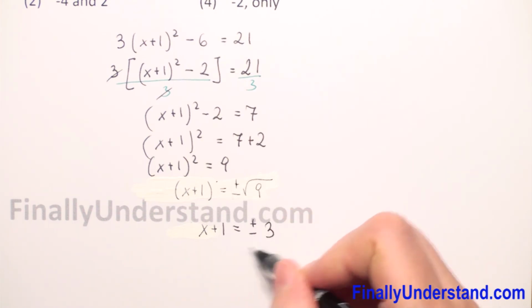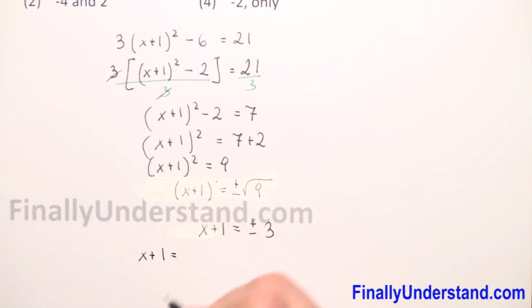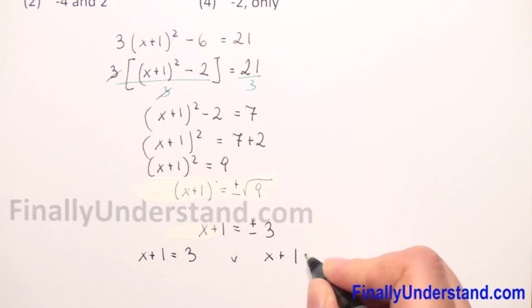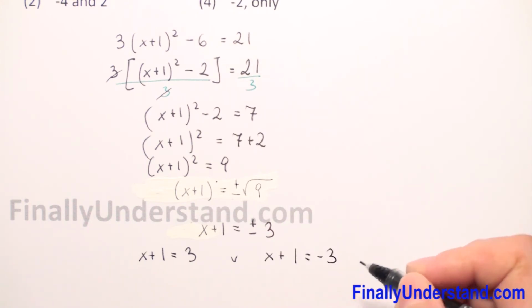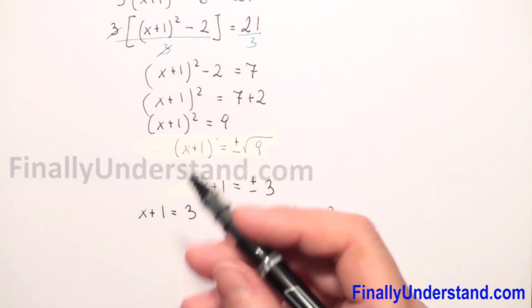We have two solutions. x plus 1 can be equal to 3, or x plus 1 can be equal to negative 3. So we have two linear equations. We need to solve them.